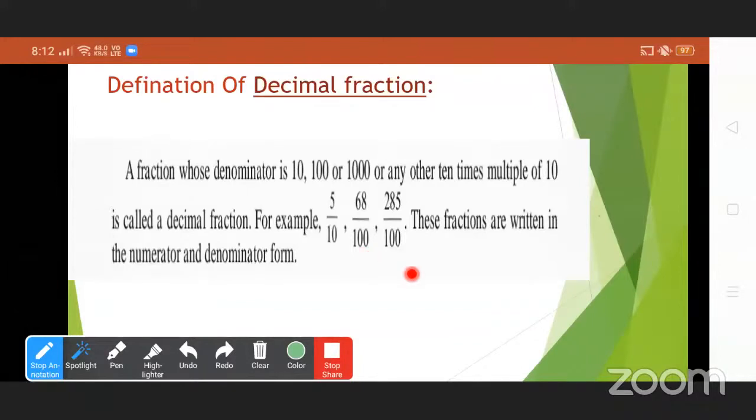And this third one is 100. So all decimal fractions are in 10 form or in multiples of 10. So keep in mind that a decimal fraction always has denominator 10, 100 or 1000 or any other 10 times multiple of 10. Okay.